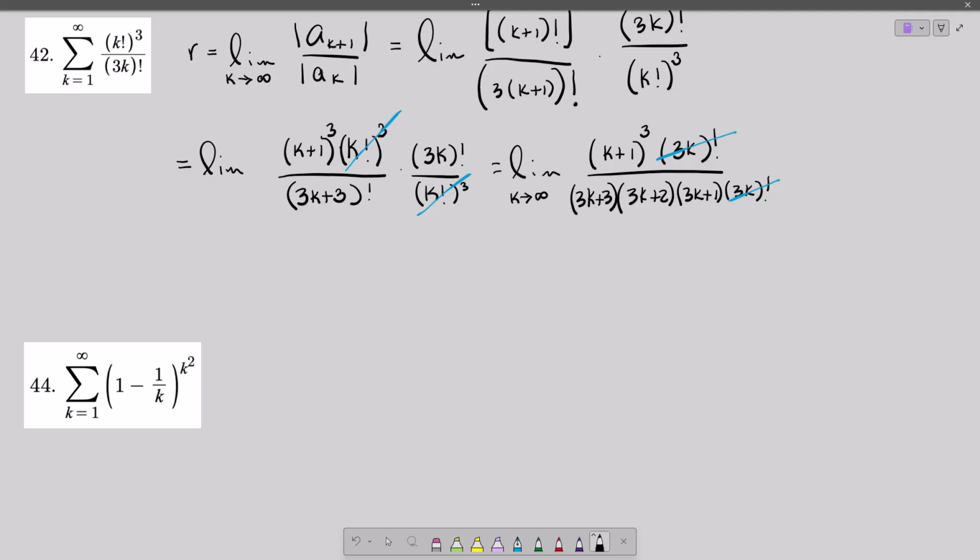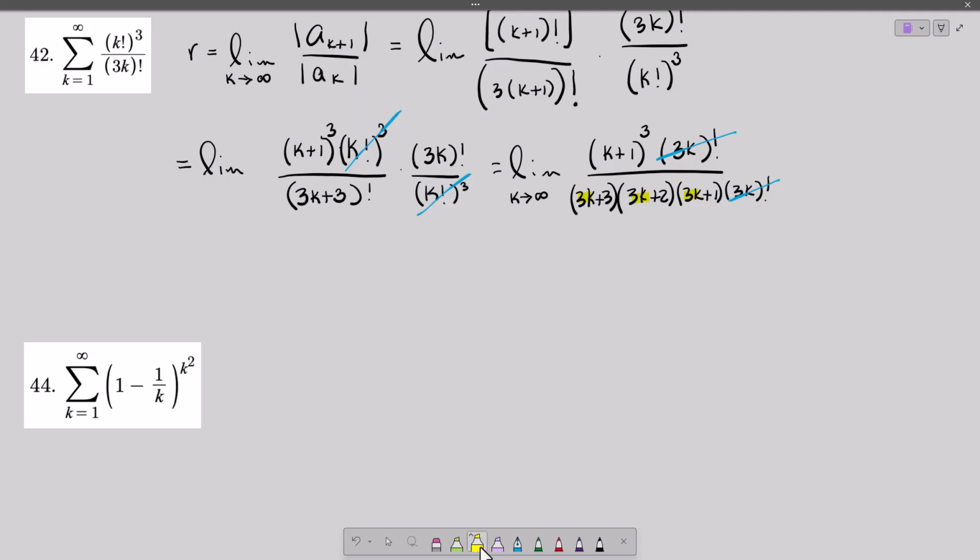You can imagine multiplying it all out, you get k cubed plus blah, blah, blah, plus 1 at the end. The denominator is also a cubic. If you were to FOIL this all out, you would get a cubic polynomial, a power of 3. Everyone agree? When you start FOILing, the leading term is going to give you the dominant term, the highest power of k.